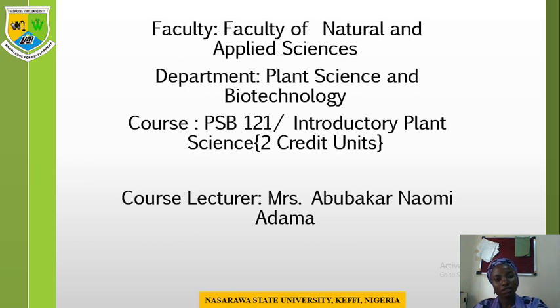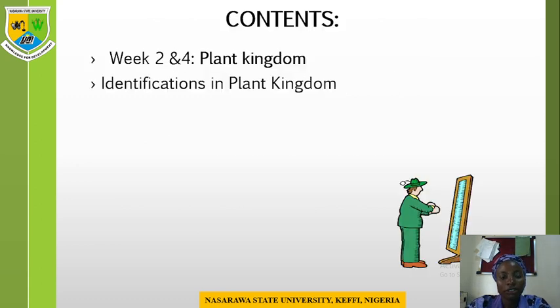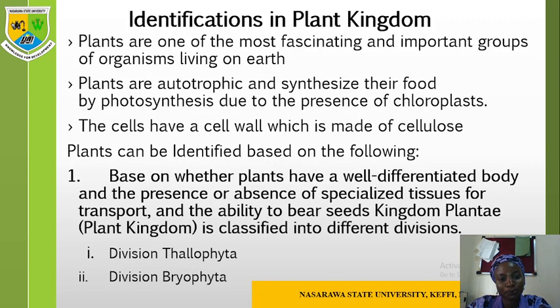Today in our class of course PSB121, Introductory Plant Science, we'll be discussing the plant kingdom under the subheading Identifications in Plant Kingdom. Plants are one of the most fascinating and important groups of organisms living on Earth.